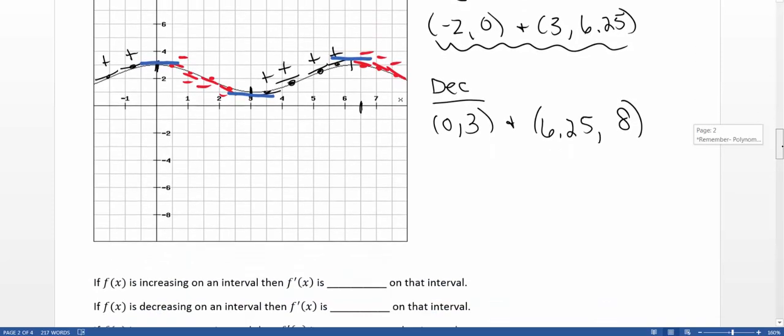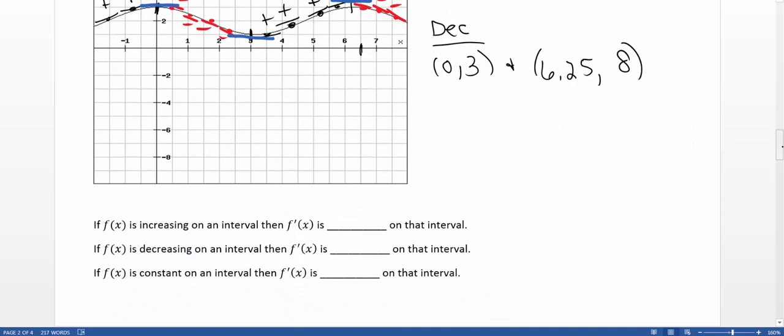These are going to become really important, and we're going to build upon these as we look at different types of functions. So what we said is that if f of x is increasing on an interval, then the derivative f prime of x is positive on that interval. If f of x is decreasing on an interval, we say the derivative is negative on that interval.